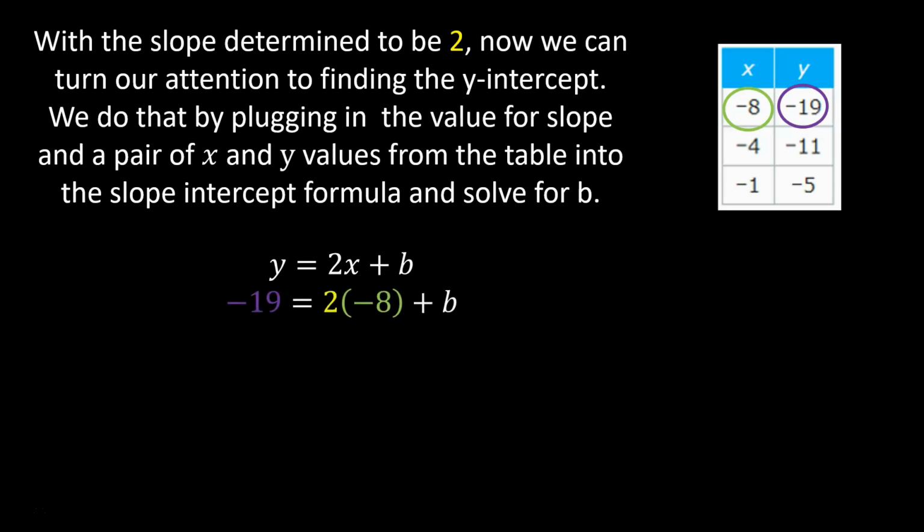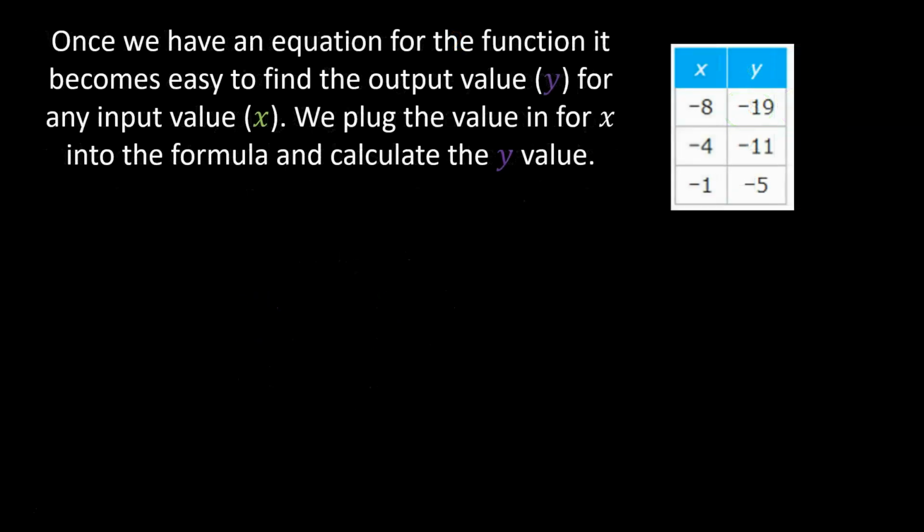So we get -19 equals 2 times -8 plus b. -19 equals -16 after we do the multiplication, plus b. In order to isolate the variable b, we then add 16 to both sides, and we get -3 is equal to b. So our y-intercept then becomes -3.